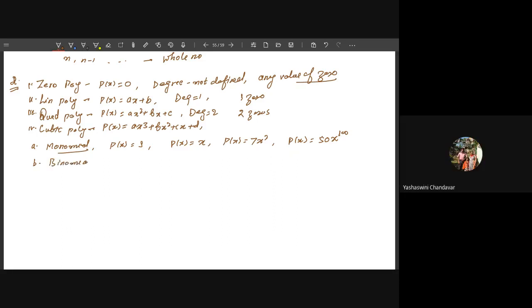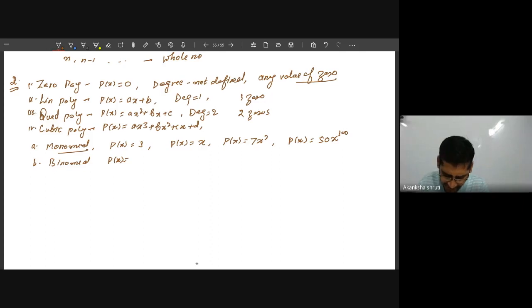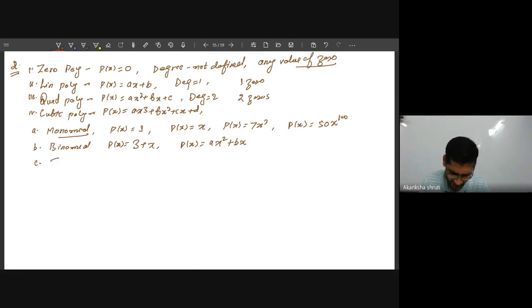The second was binomial. Yes, two terms. The p(x) must have two terms. Say this is your 3 plus x. The p(x) could be ax square plus b or even bx. So only two terms. Then there was trinomial that has three terms.